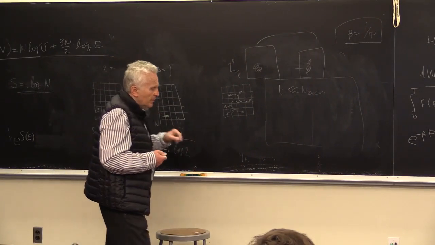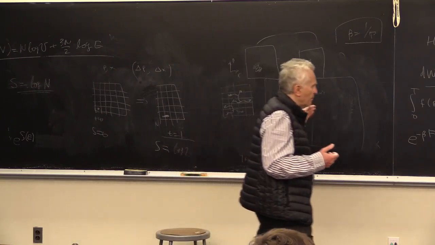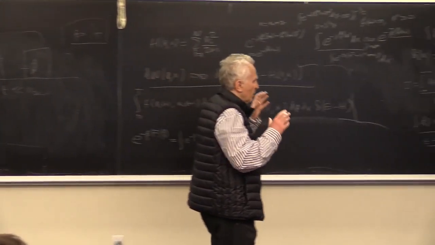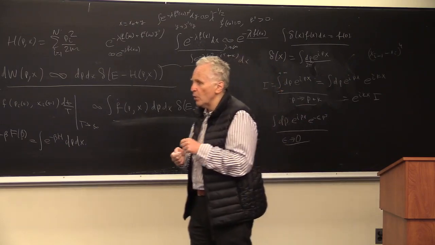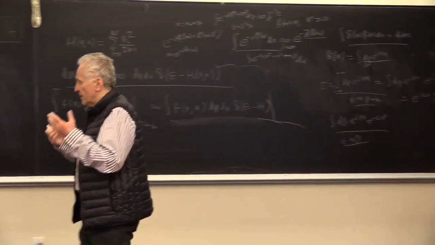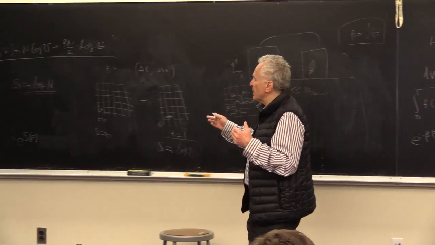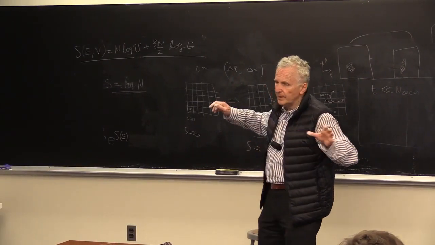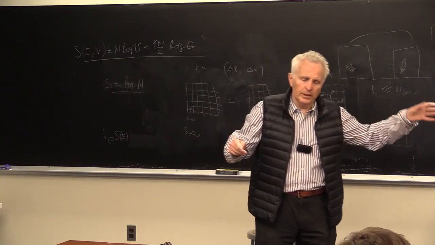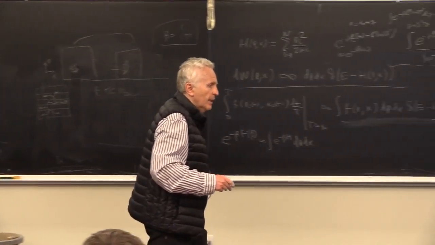Mathematicians also contributed here. The notion of time-dependent entropy was introduced by Kolmogorov. There's the so-called Kolmogorov-Sinai entropy, which is similar to this one, but not identical. It's a little bit more involved and complicated.